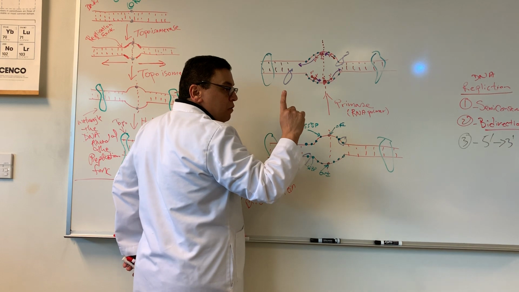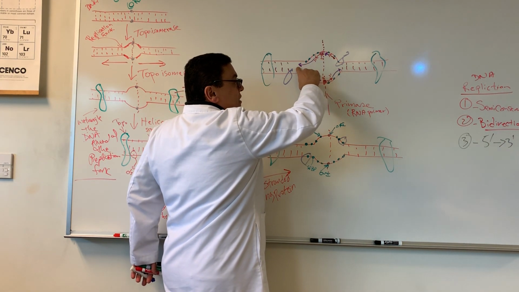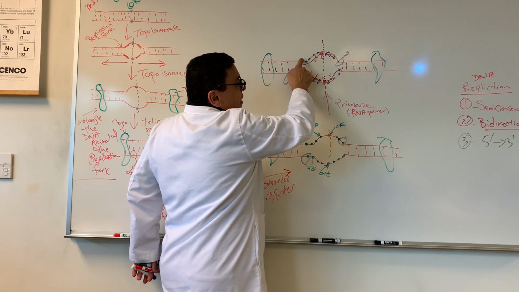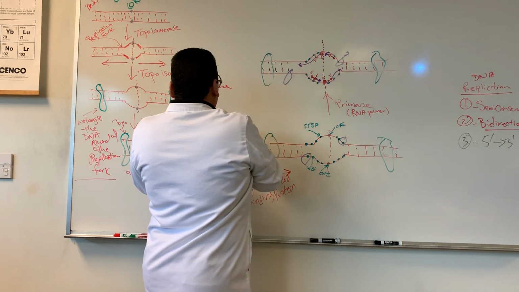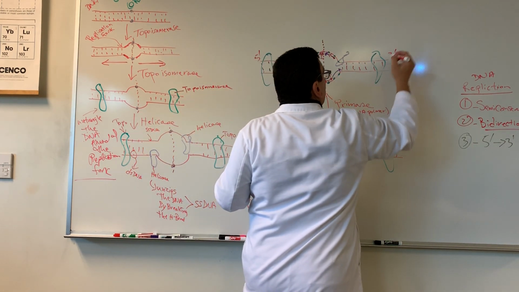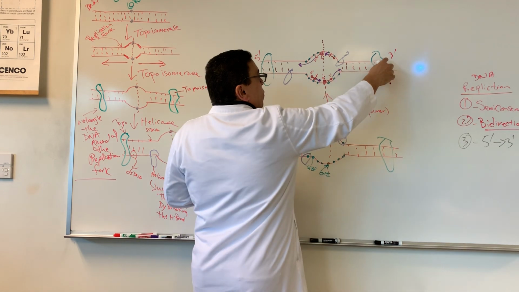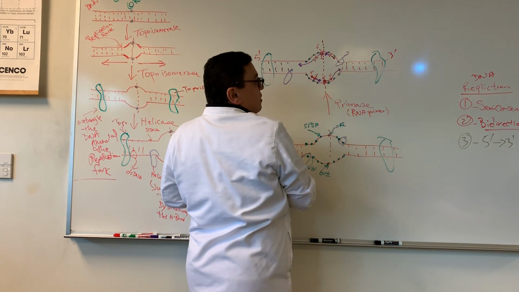Here's the confusing part. To make this DNA 5 prime to 3 prime, listen, I have to read the template 3 prime to 5 prime. The template orientation is this way. So this 3 prime is the same as having 3 prime on this end here.